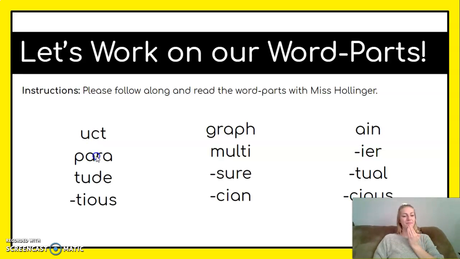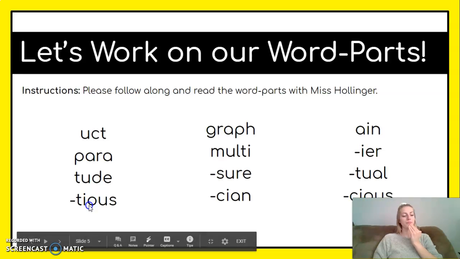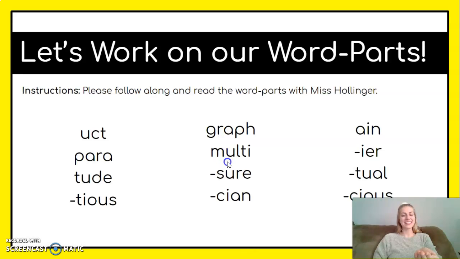Uct. Para. Tude. Shus. Graph. Multi. Sure.